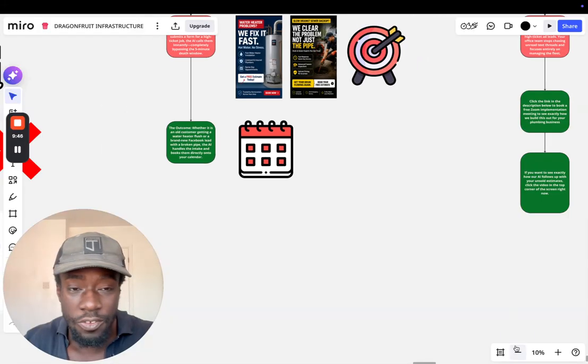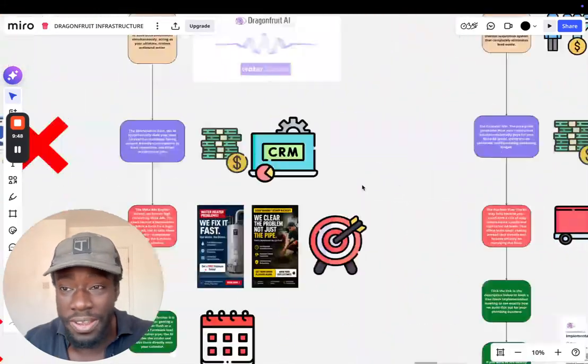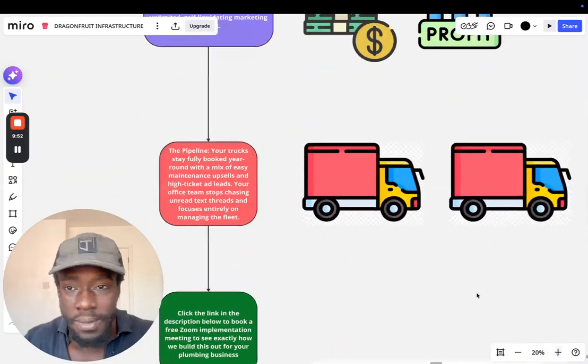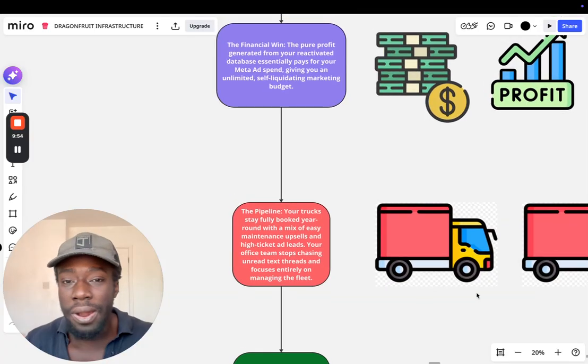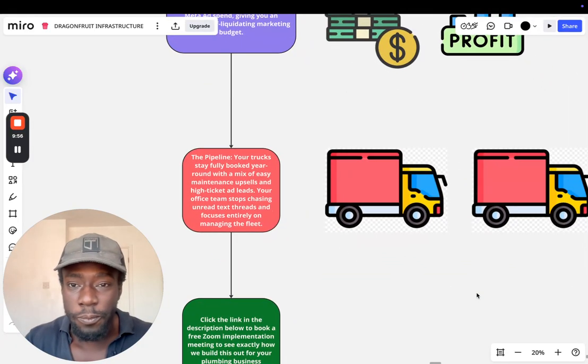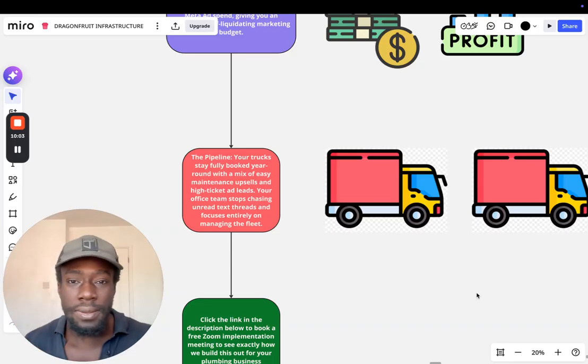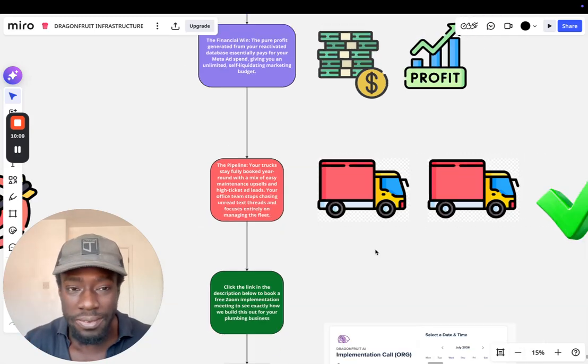So this is extremely powerful and something that you definitely want to implement. In terms of the pipeline, now your trucks stay fully booked year round, with a mix of easy maintenance upsells and high ticket leads. Your office team stops chasing unread text threads and focuses entirely on managing your fleet.